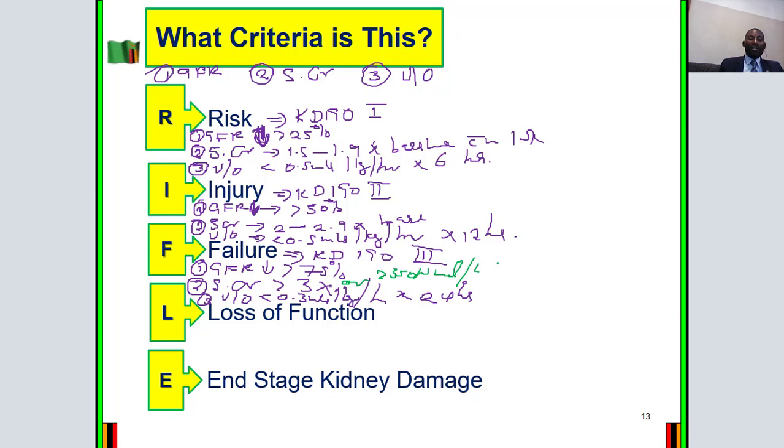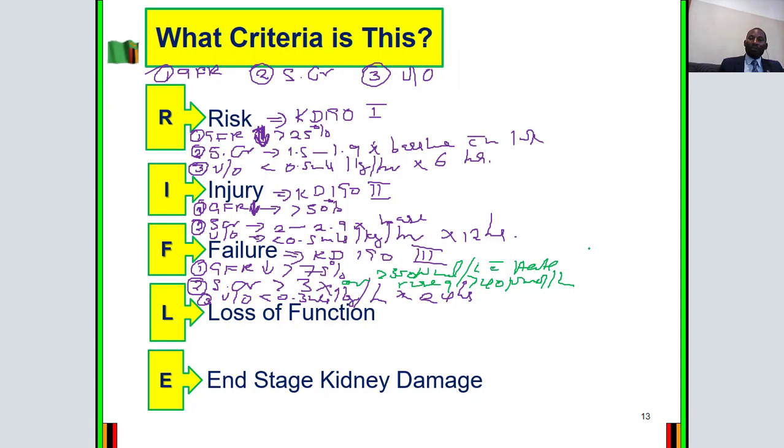Okay, with acute rise of greater than 40 micromole per liter, that is still in stage 3.